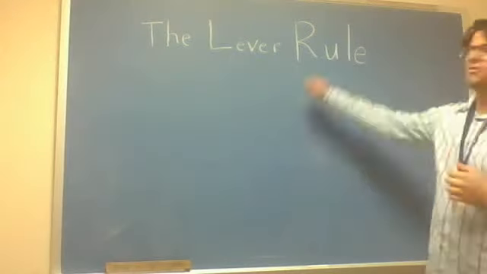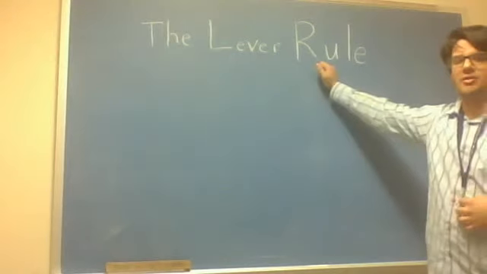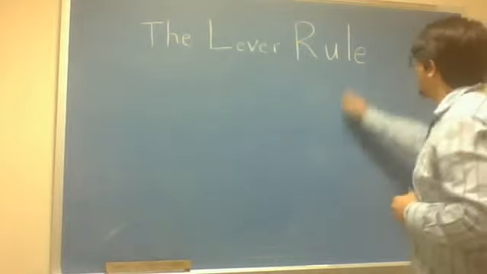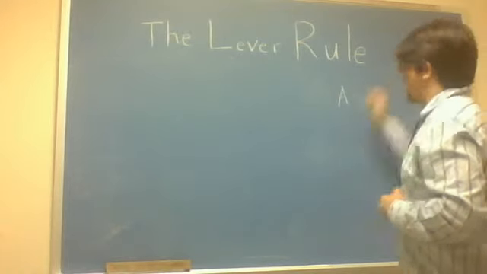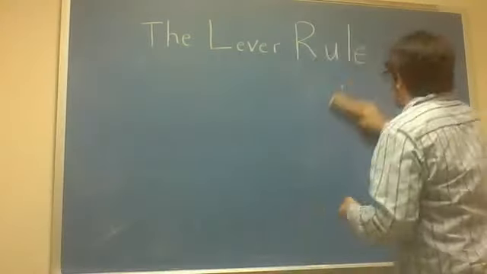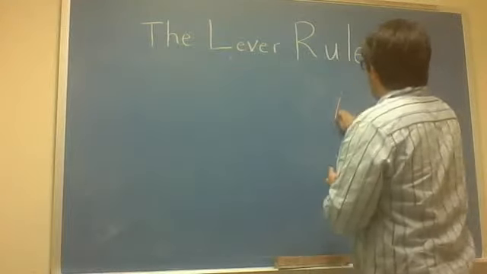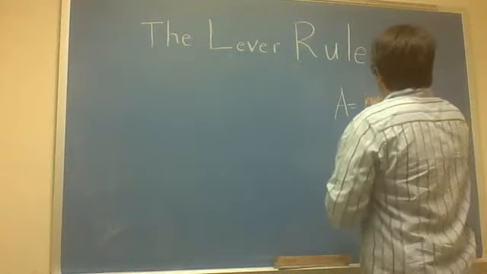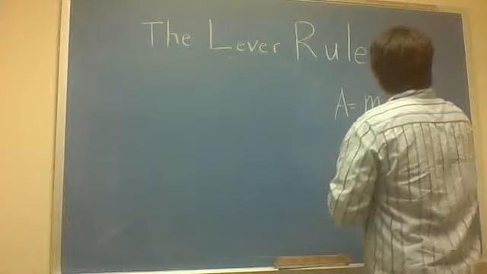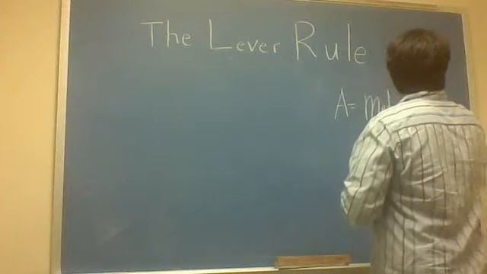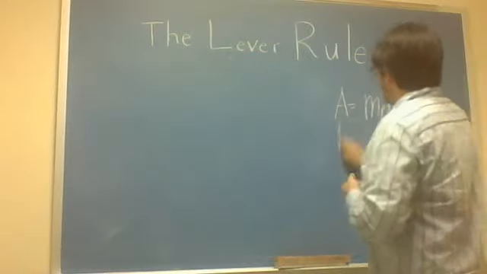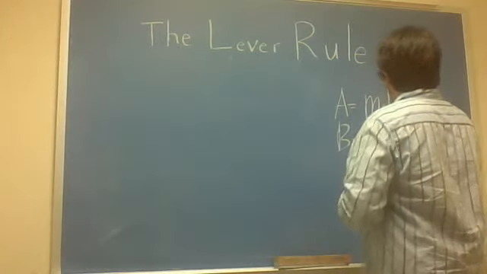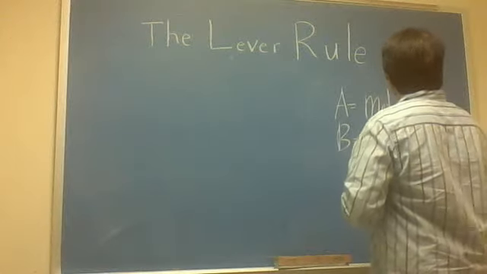So anyway, when we introduce the lever rule, we actually give a very hypothetical situation. Suppose we have A, which is metal number one, and then B, which is metal number two.